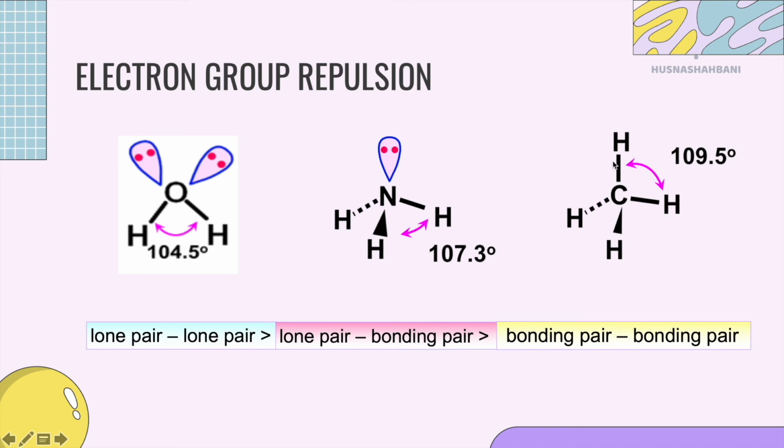In this one, you only have electrons involved in bonding pair repulsion, making the angle 109.5 degrees, which is bigger than this one, showing that bonding pair repulsion is the weakest repulsion. Lone pair is the strongest repulsion, lone pair bonding pair is weaker, and bonding pair is the weakest.